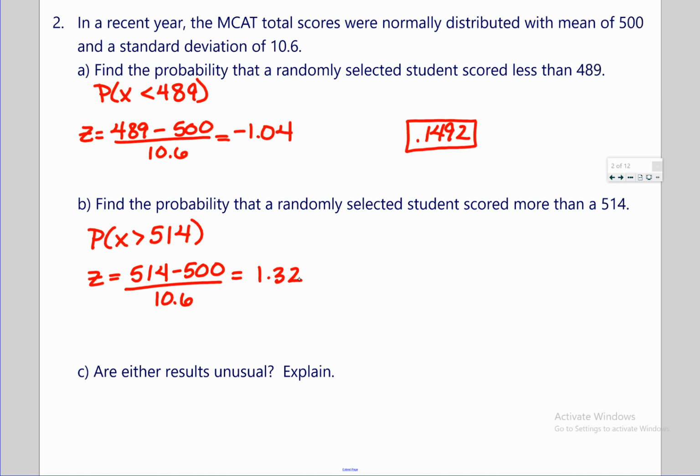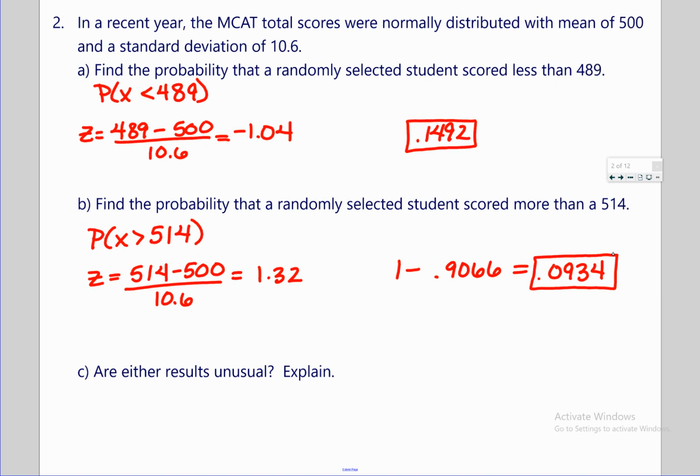Find it on my chart: .9066. Is that my final answer? Yep, it's area to the right in this case because it's greater than. So we're going to do 1 minus that, and you're going to get 0.0934.